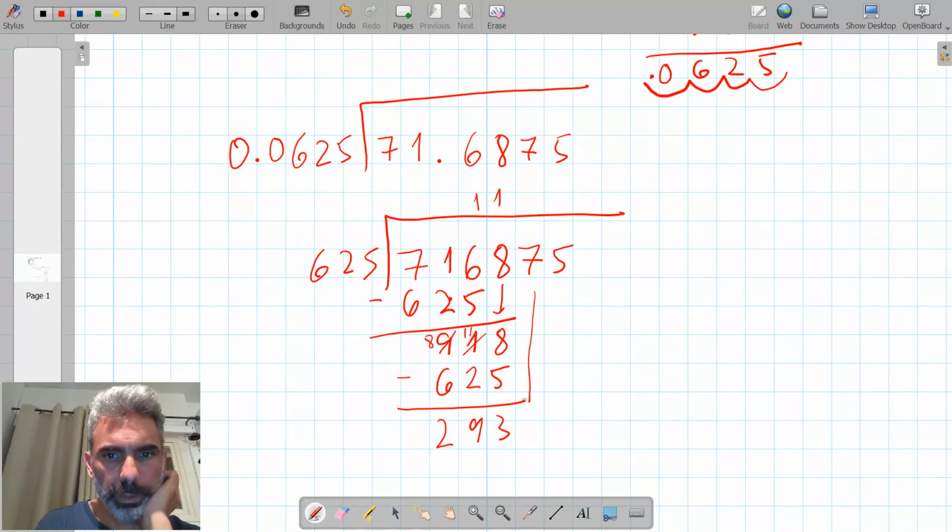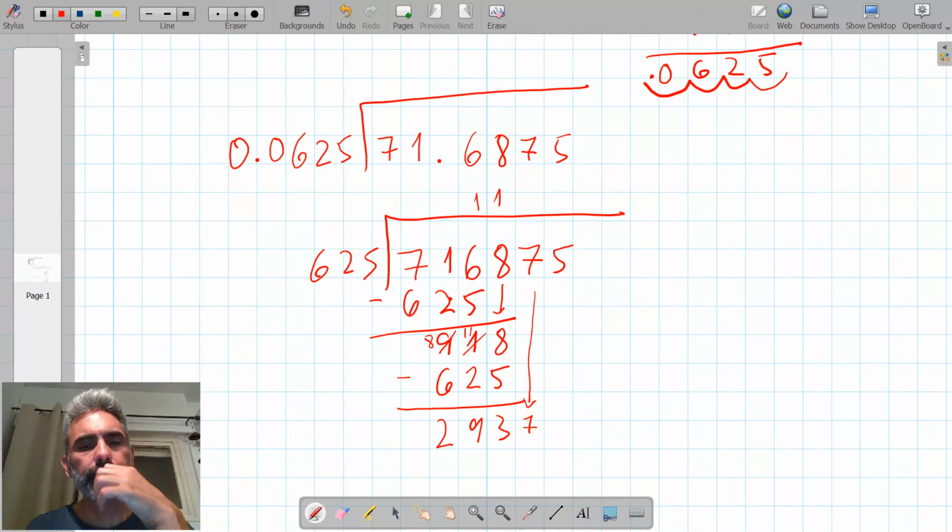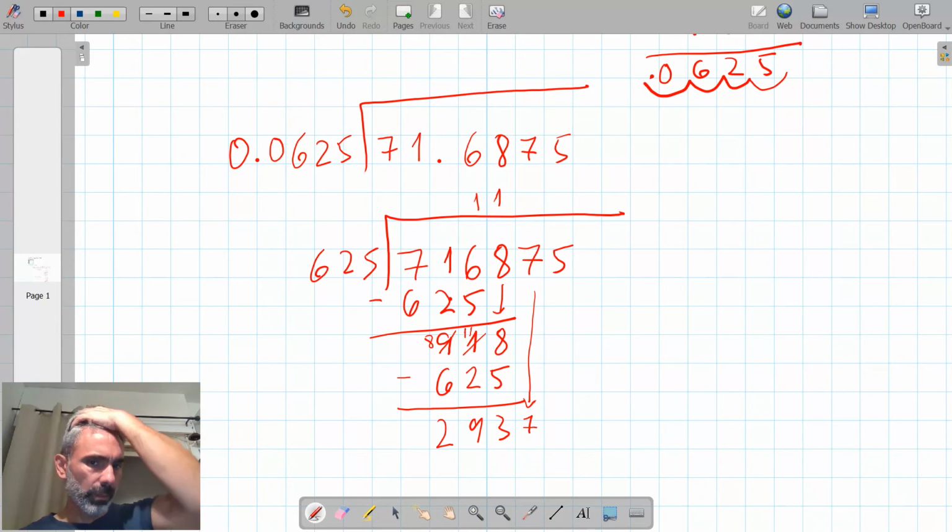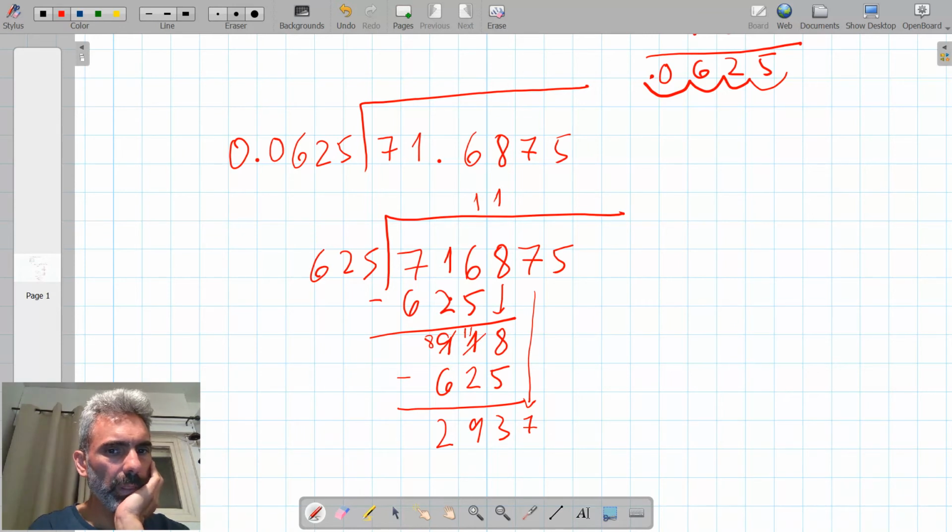Bring down 7. 5 times is too much, because 5 times 600 is 3000, so 4 times 600. 4 times 5 is 20, 4 times 2 is 8, plus 2 is 10, 4 times 6 is 24, plus 1 is 25.